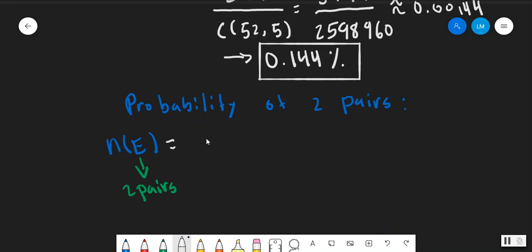Now, in order to find the two that we're going to match, we're going to say it like this. We'll take 13 choose 2, and that will represent the card that will be matched.